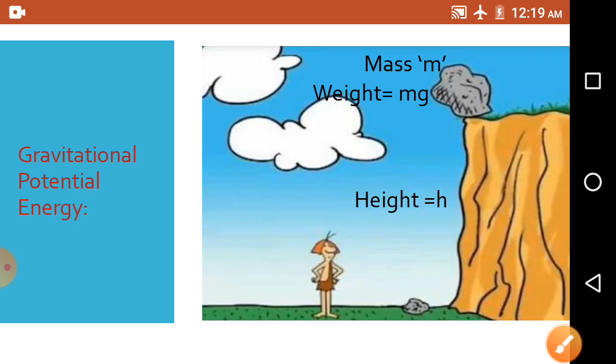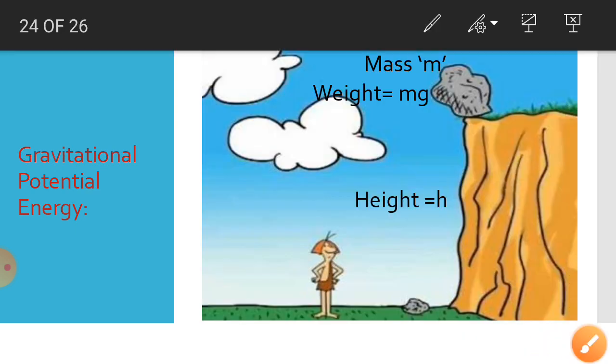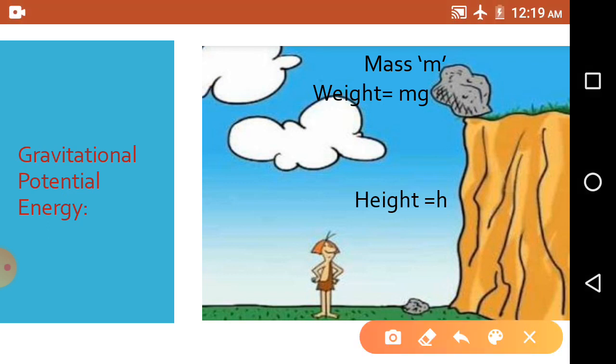Now see the gravitational potential energy. In this picture, this one is the position of a stone, or an object. The stone is of mass m, and here it is at a height h.